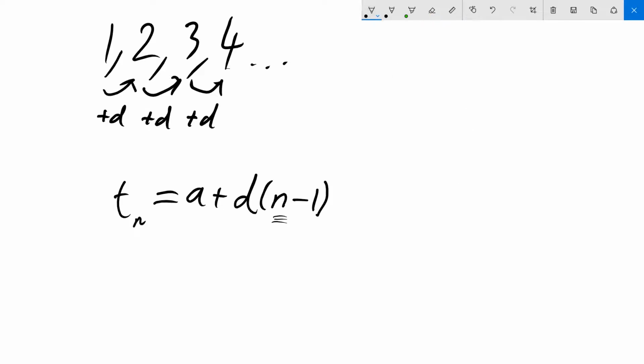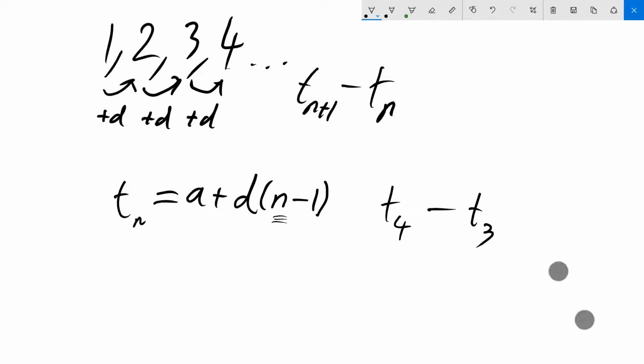Well, you get a term, you might subtract it from the term after it. So if I want to work out the common difference between 4 and 3, that's the 4th term minus the 3rd term, and that's going to equal our difference, right? So in this case, our 4th term is 4 and our 3rd term is 3, which means our difference has to be 1.